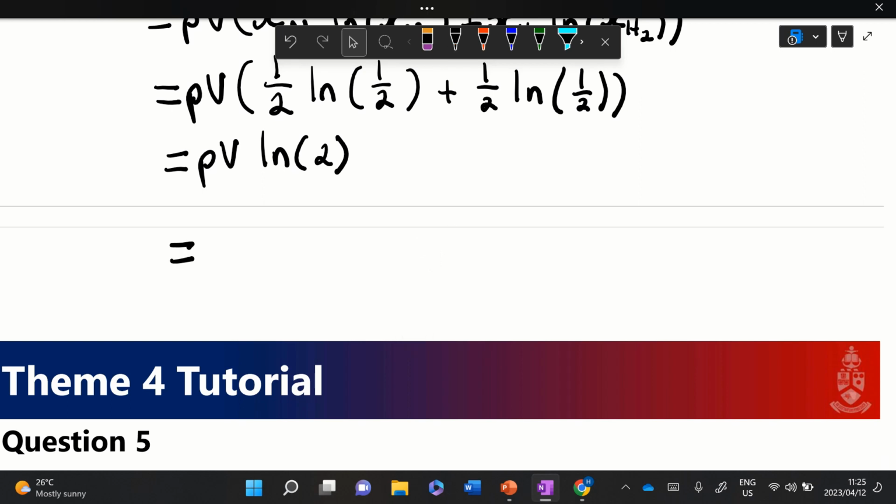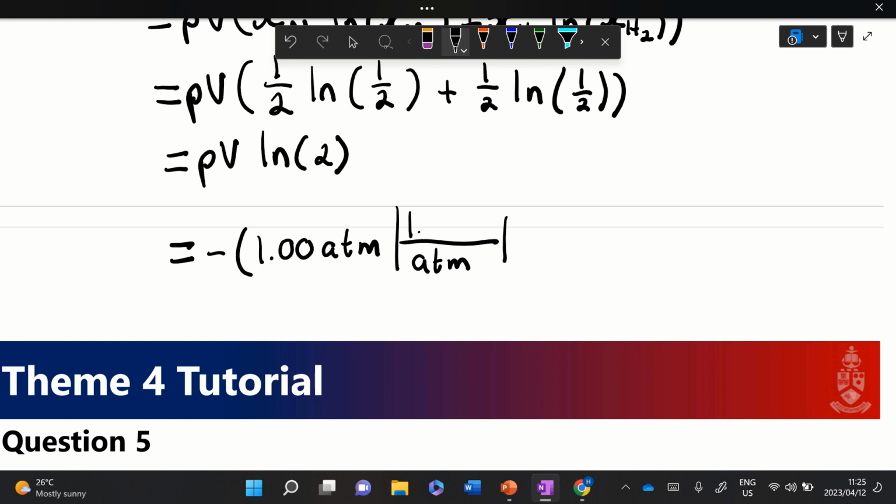So our pressure is given as 1 atmosphere. 1 atmosphere in pascals, there's 101,325 pascal in an atmosphere, and then our volume is 5.0 cubic decimeter.